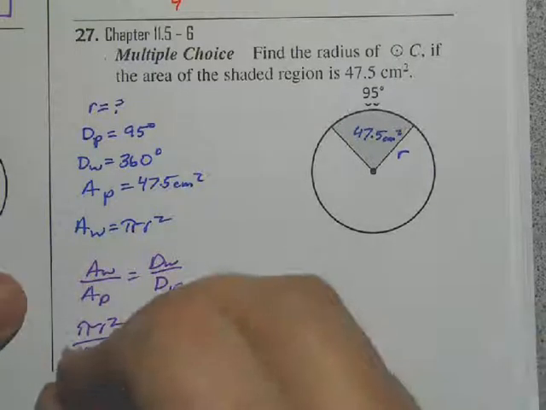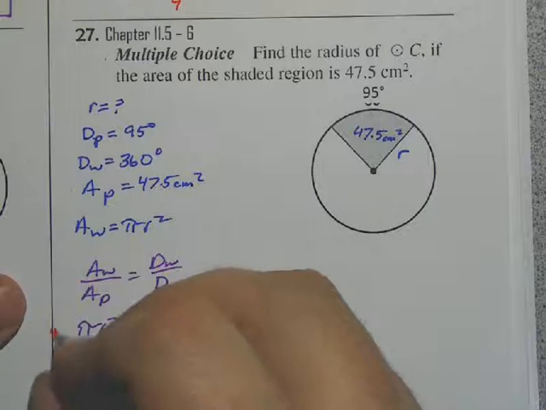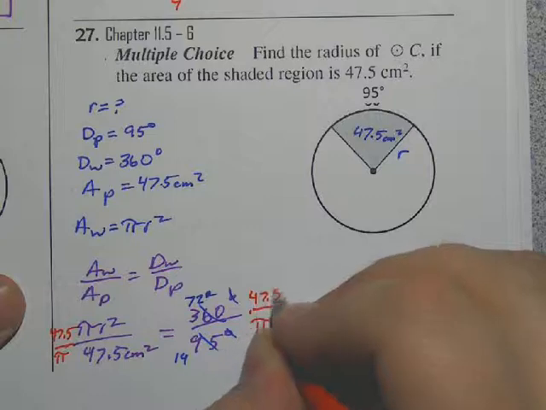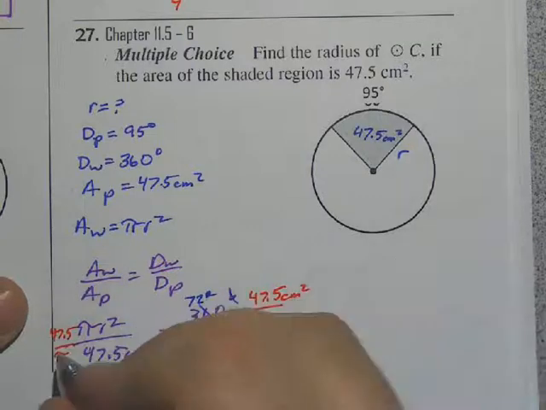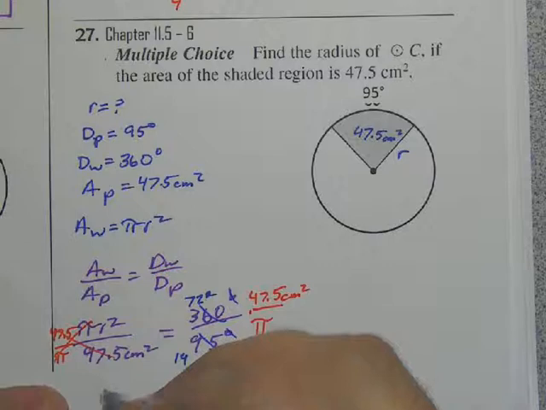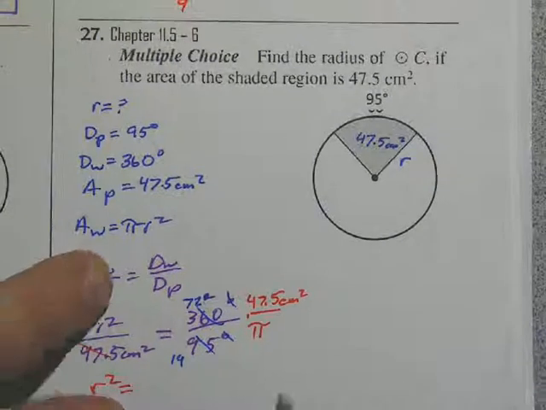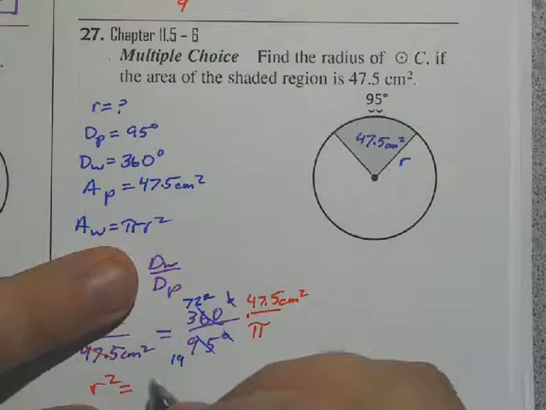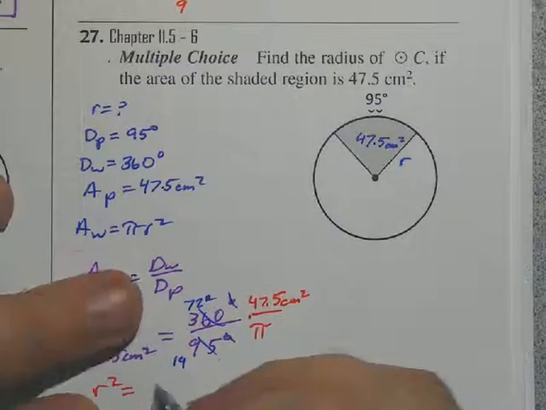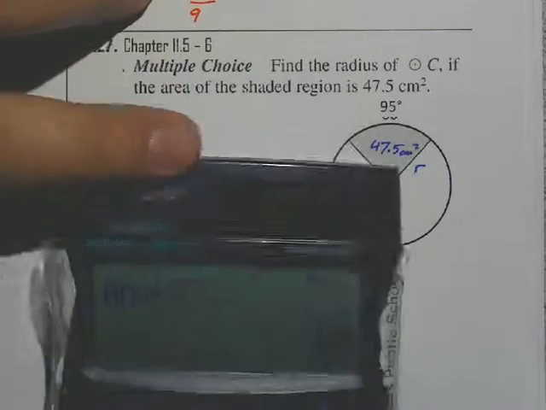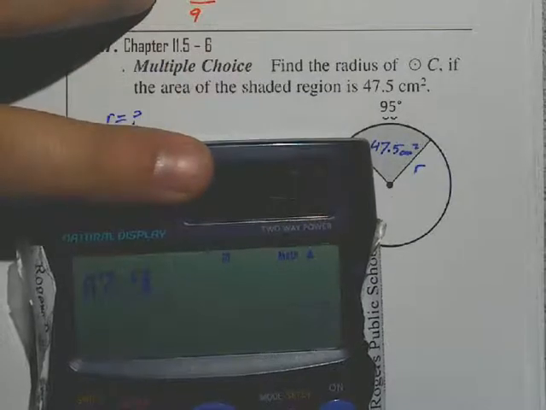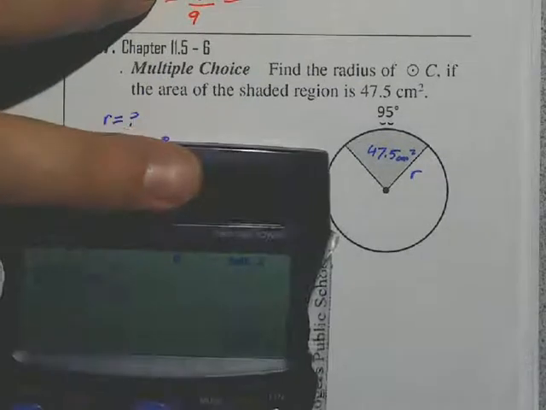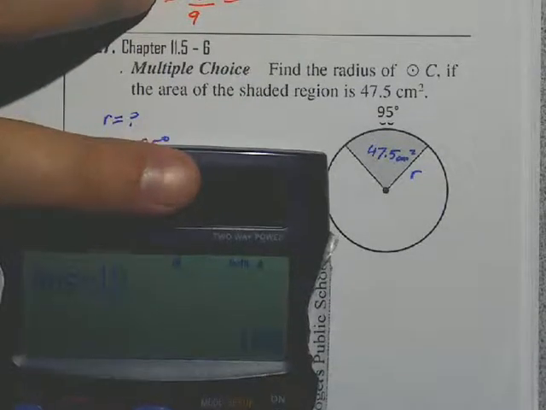So I'm going to divide by pi and multiply by 47.5 centimeters squared. These will cancel, and leave me r squared equals 72 times 47.5, and I'm going to go ahead and put that in my calculator, guys. I just don't have enough time here. 47.5 times 72 equals 3420 divided by 19 equals 180.